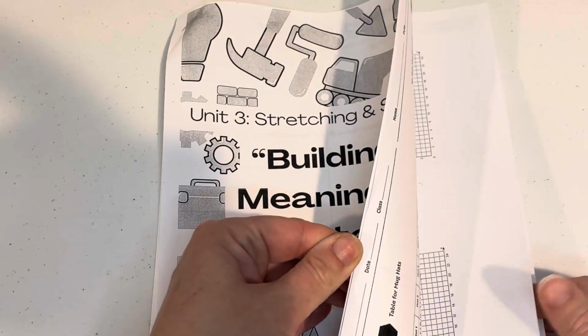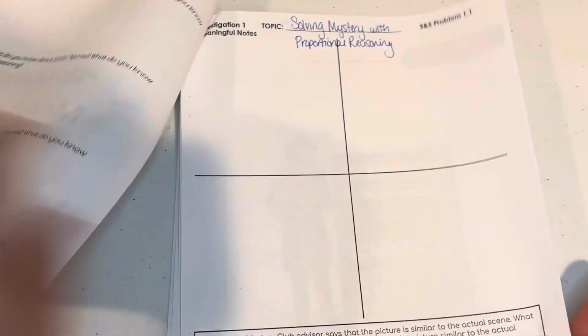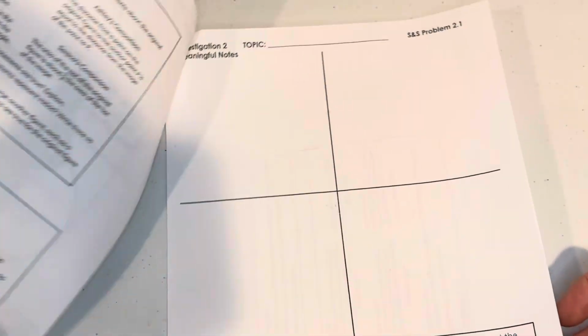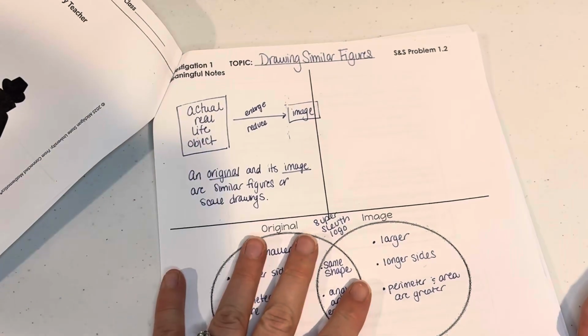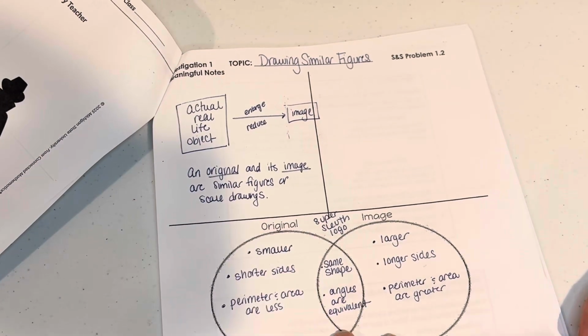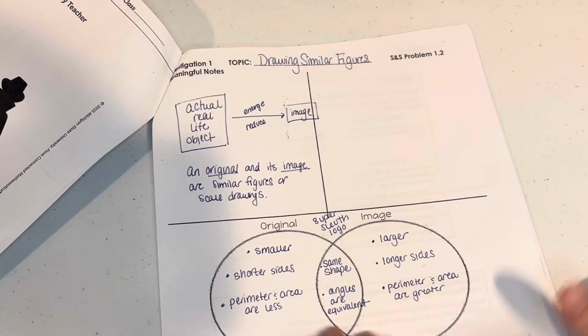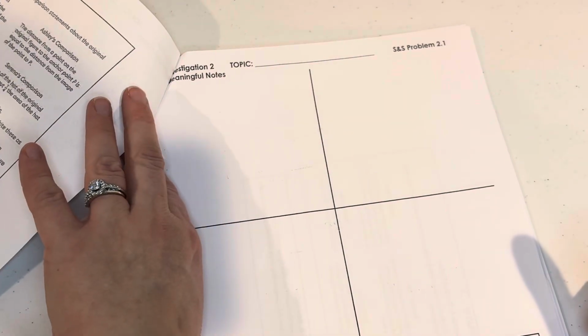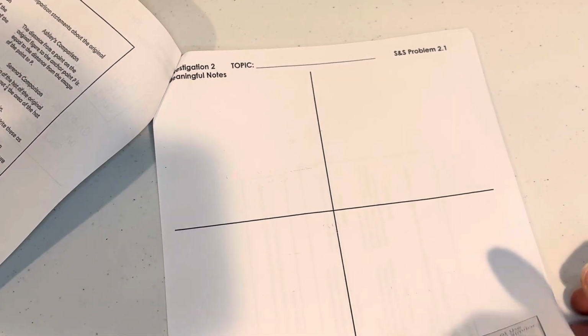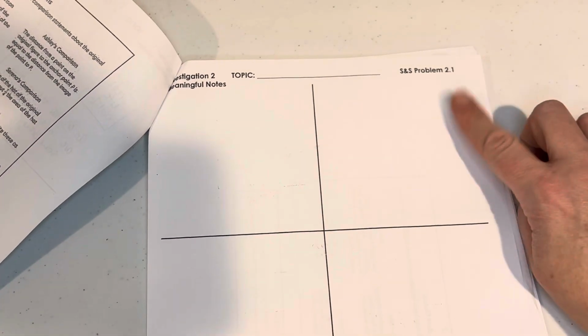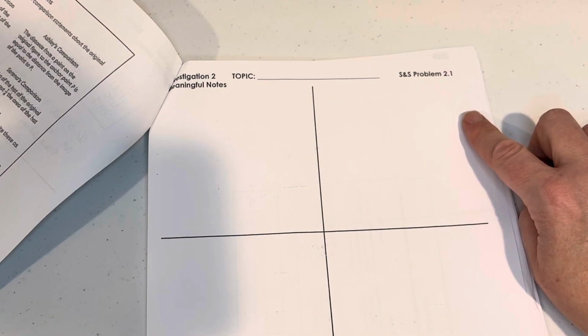If you flip through, on the back of problem 1-2 that we took on Tuesday, you will see, nope, I lied. We have to go a little bit further. On the back of 2-1, because we skipped 1-3, make sure you're in the right spot.